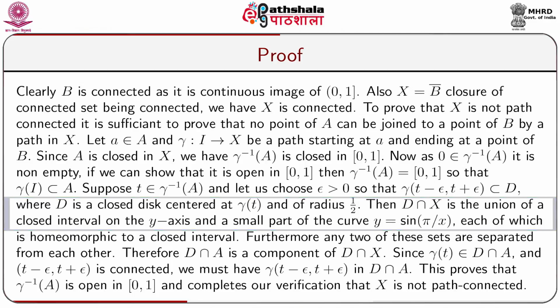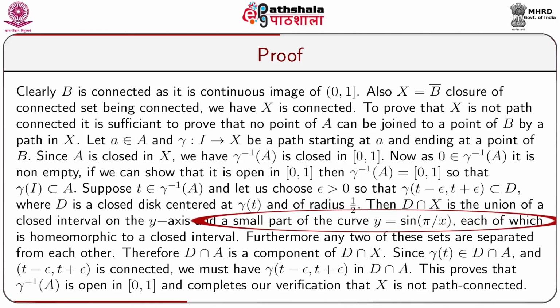Then D intersection X is the union of a closed interval on the y-axis and a small part of the curve y equal to sin(pi/x), each of which is homeomorphic to a closed interval. Furthermore, any two of these sets are separated from each other.